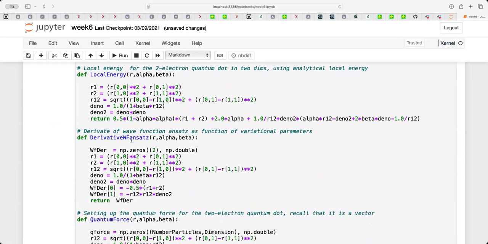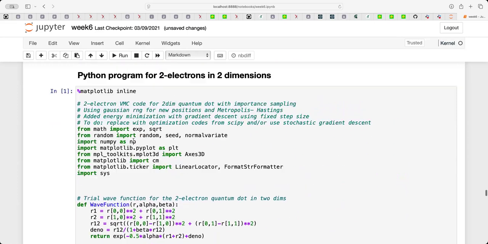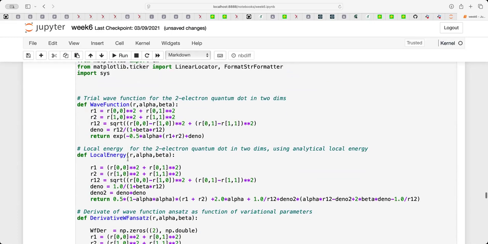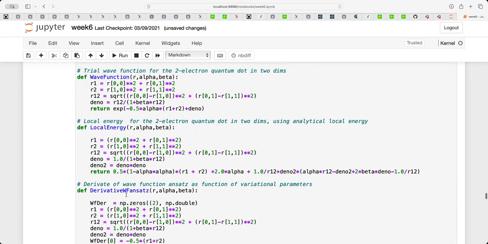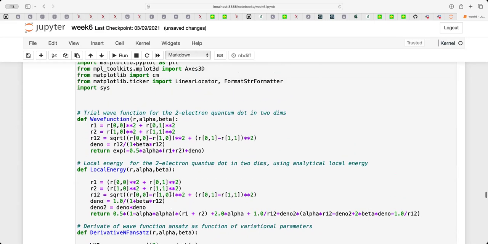I have the derivative of the wave function, which is now the derivative with respect to the variational parameters. So this quantity which you see here, derivative ansatz, is the derivative of the wave function ansatz with respect to the parameters alpha and beta.